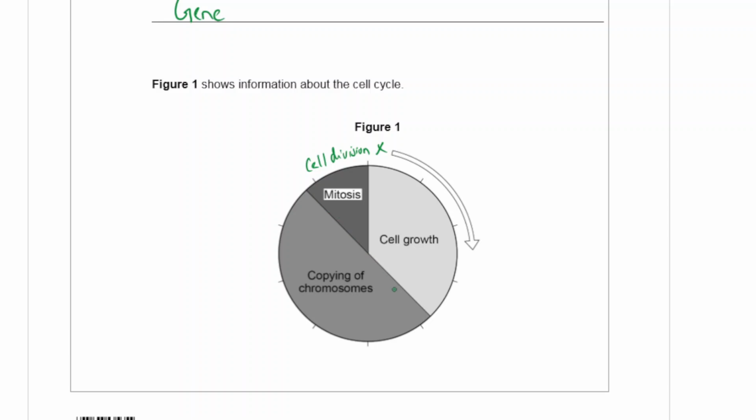It takes about half of its cell cycle. So copying of chromosomes is actually a long process, and it takes time. And then cell division takes about 15%. So in terms of percentage, that's 50%, 35% of the time, and this is 15% of the time.